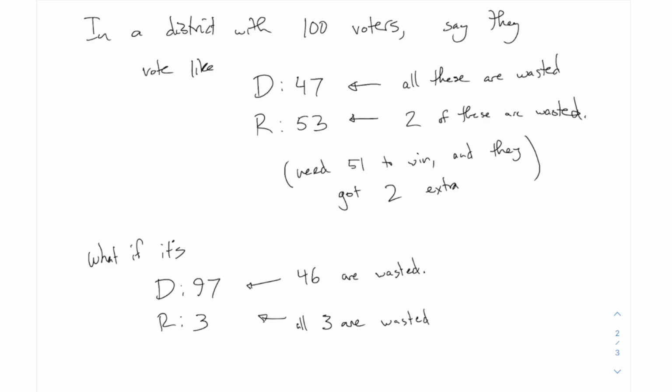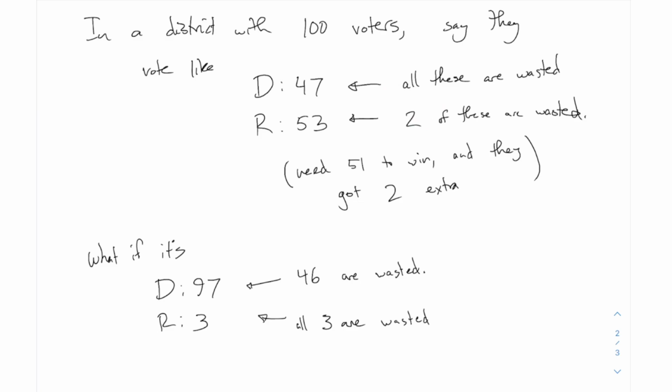All right. This is how it goes. The moral of the story, if you look at this here, so in both examples, you have one party wasting a lot and the other party not wasting a lot. Like here, the Democrats wasted 47 and the Republicans only wasted 2.